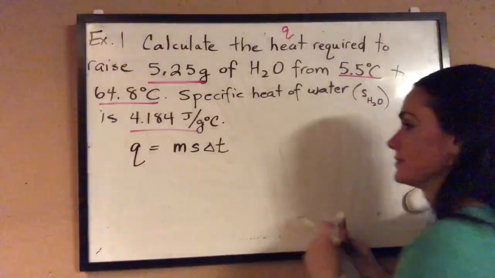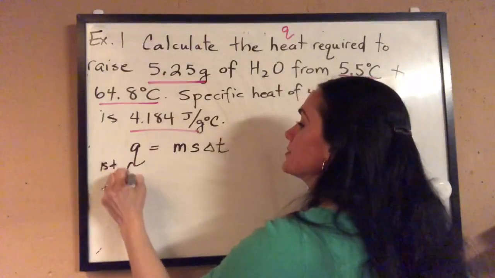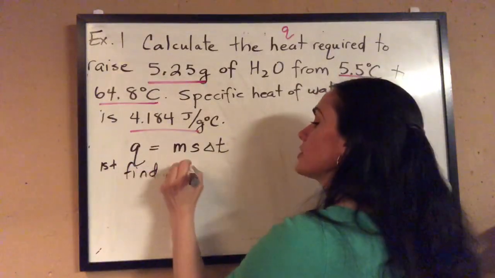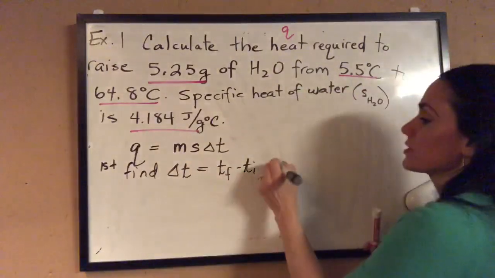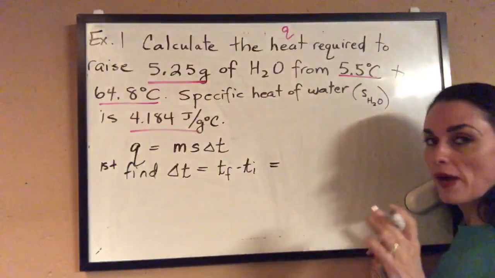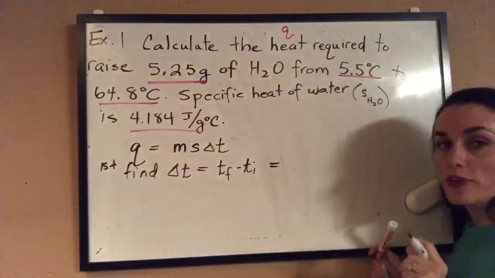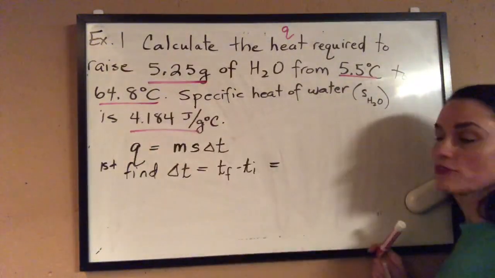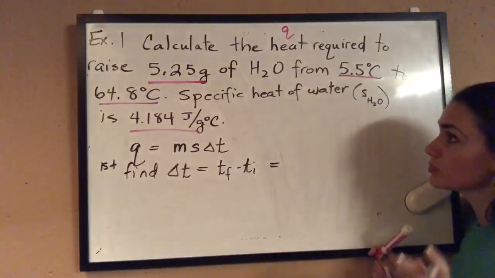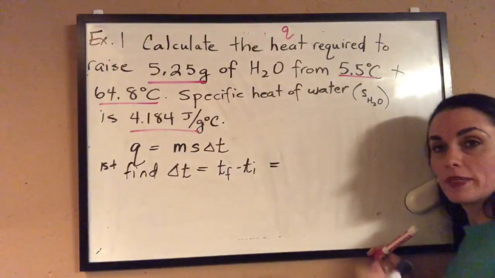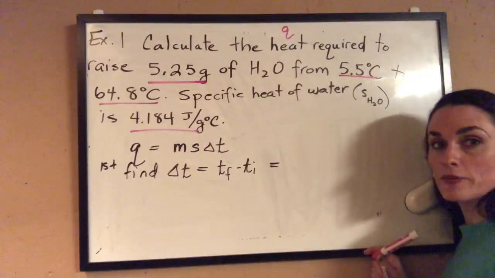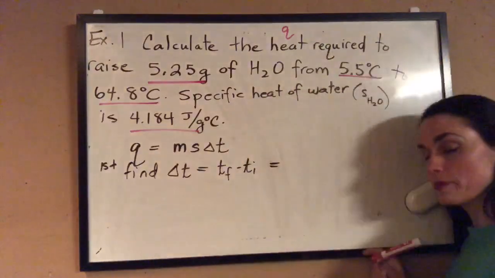So first, I'm going to find the change in temperature: T final minus T initial. Now remember, from and to. We're starting at 5.5 and going up to 64.8. Don't always think that one number is final and one is initial based on whether it's the lower or higher number. Temperatures increase and temperatures drop.